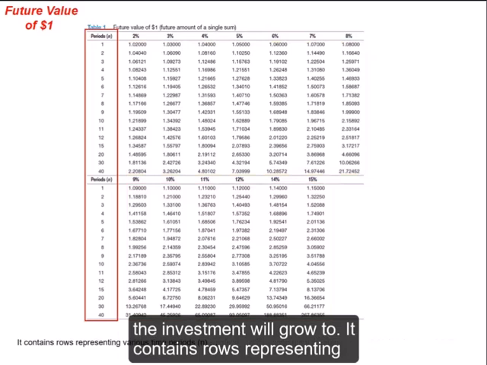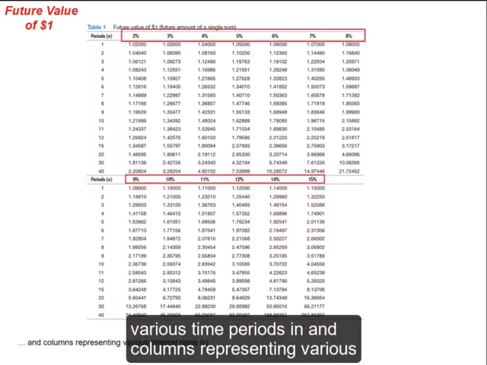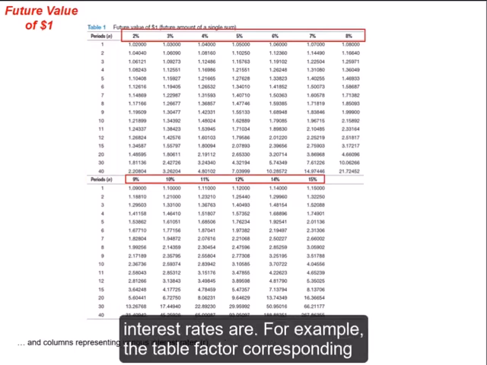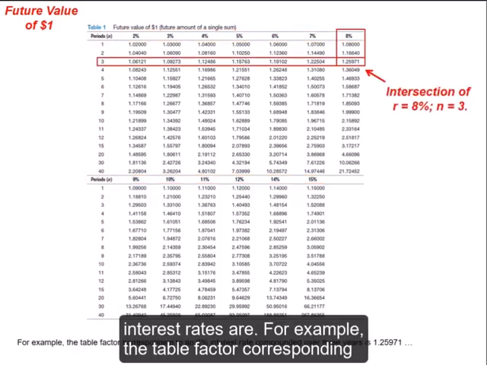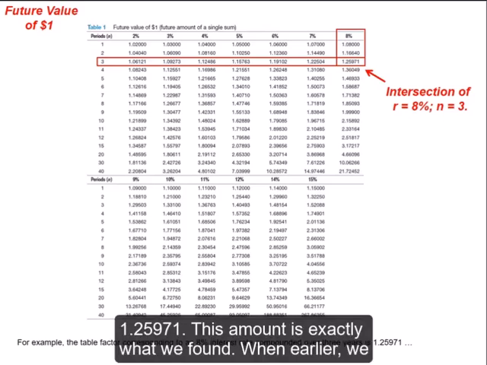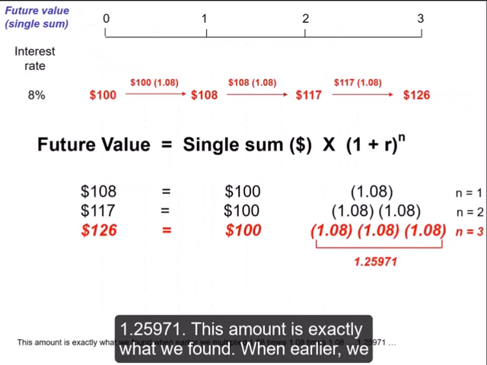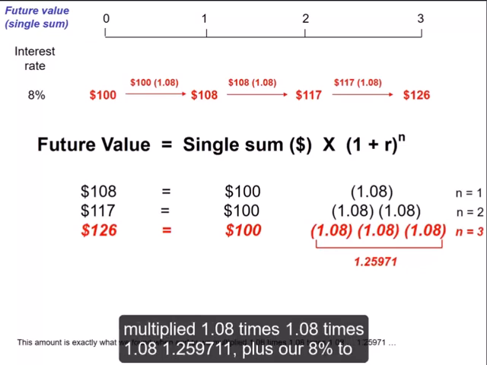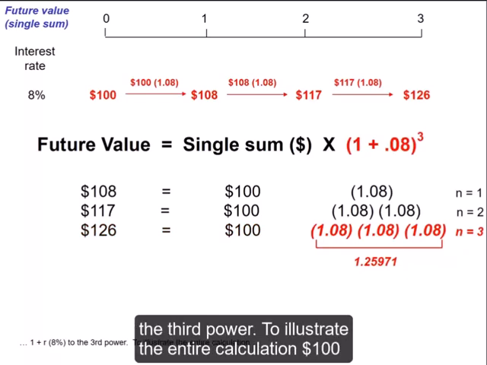It contains rows representing various time periods, N, and columns representing various interest rates, R. For example, the table factor corresponding to an 8% interest rate compounded over 3 years is 1.25971. This amount is exactly what we found when earlier we multiplied 1.08 times 1.08 times 1.08, or 1 plus r, 8%, to the third power.